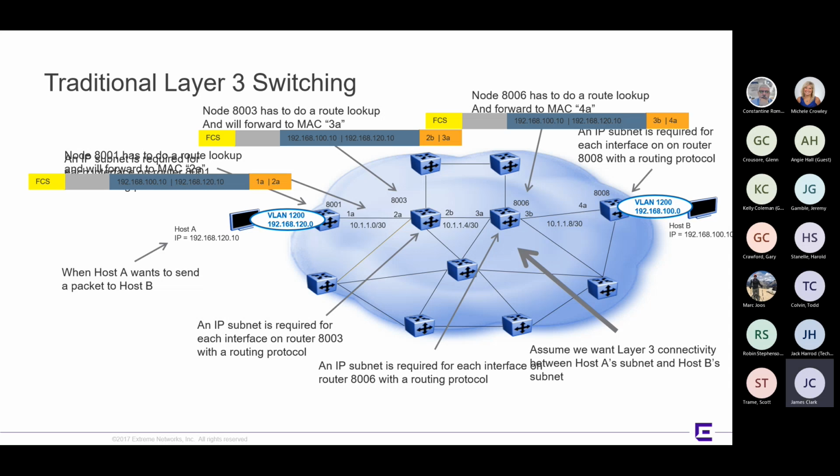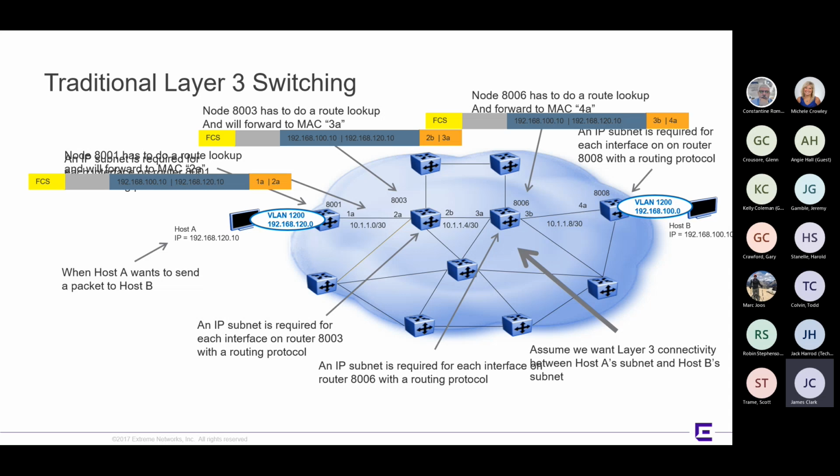So assume we want layer 3 connectivity between host A and B. In this environment, we have to configure all the nodes, all the switches here, and once again, it's put into the route table and provisioned. Then host A sends a packet to host B, which is on the far side. It gets to the first router.